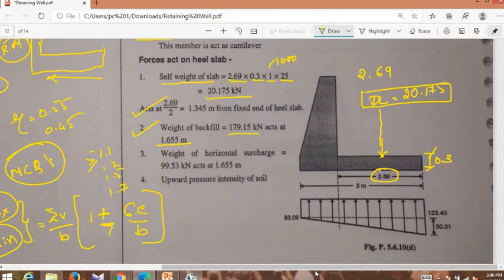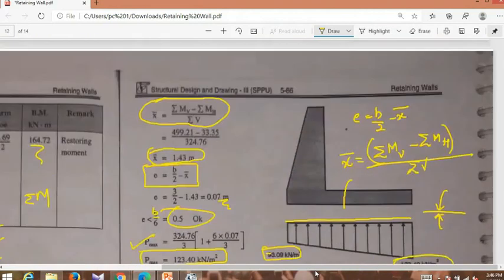We have already calculated this in the tabular column. The next one is the weight of the horizontal surcharge load. The surcharge load and the distance we have already calculated, that is 93.53. I will show you in the tabular column.